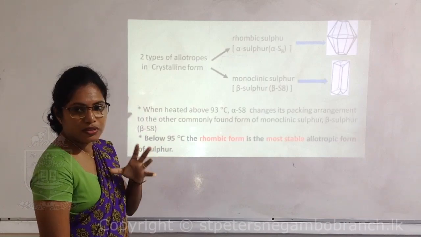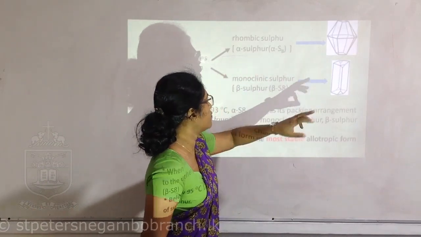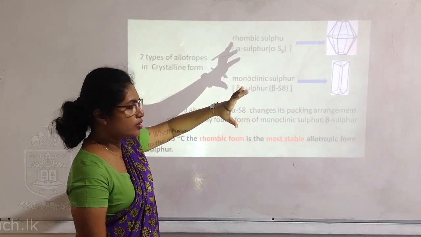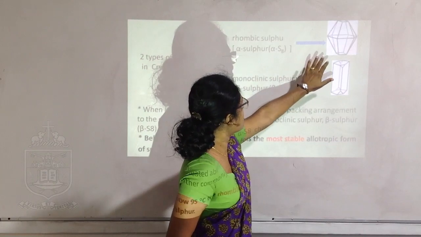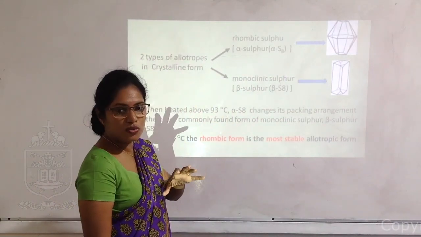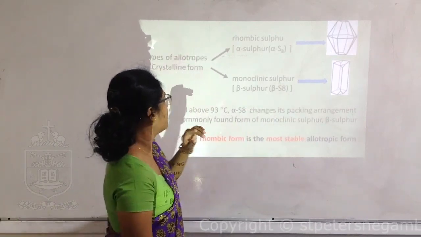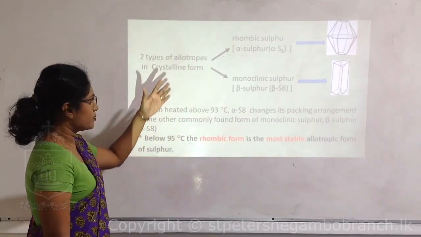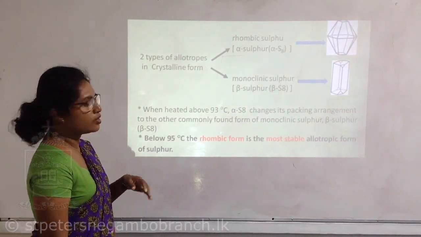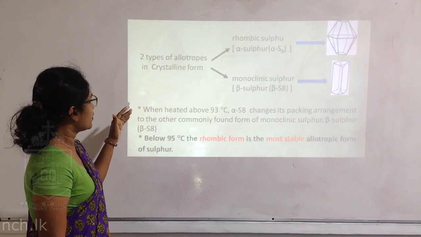As I told you, the crown shaped structure arranges in these 2 different ways. In rhombic sulfur, the crown shaped structure is arranged in this way, and in monoclinic sulfur, the crown shaped structure is arranged in this way. So these are the 2 types of allotropes in crystalline form of sulfur.